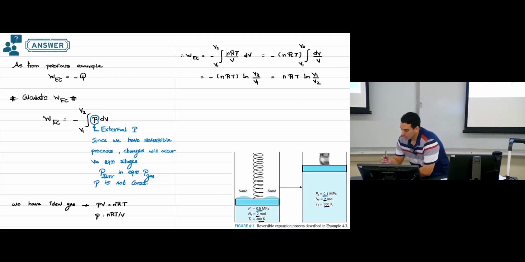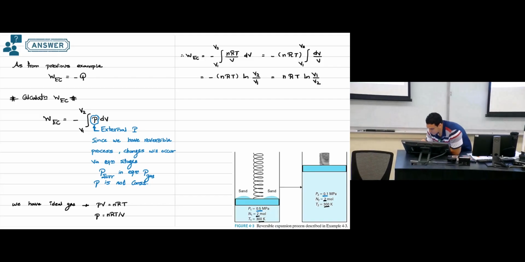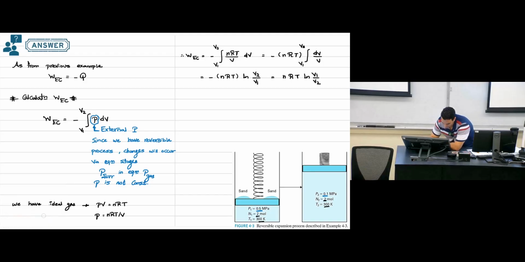Okay. From the previous example, we calculated these volumes.